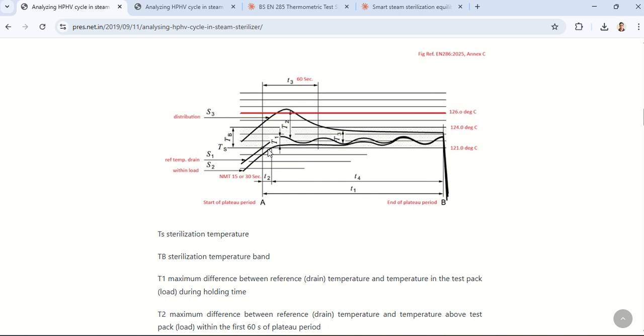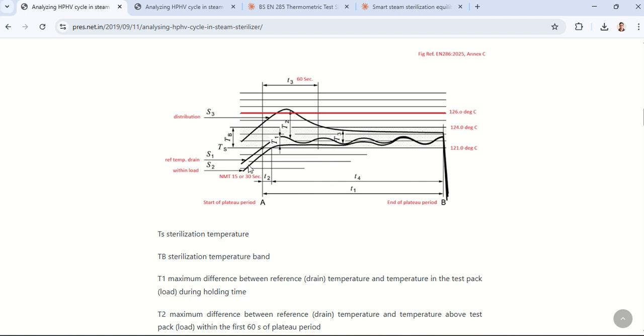This is the equilibration timing, and after this equilibration time, the delta T1, meaning the difference between the drain temperature and the load temperature, should be within 2 degrees. Always remember, capital T represents the temperature and small t represents the timing. So the delta T, the temperature difference between your drain and your load, should be within 2 degrees after this equilibration.